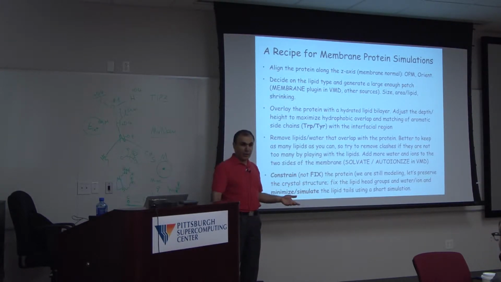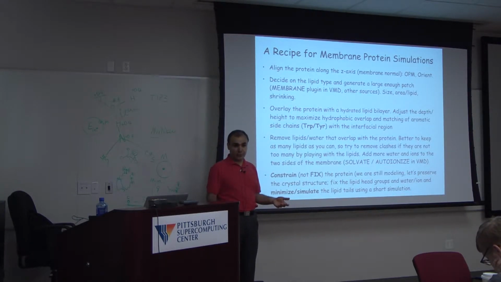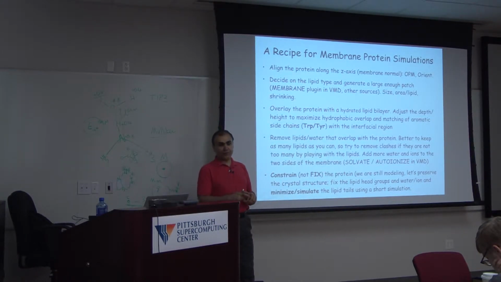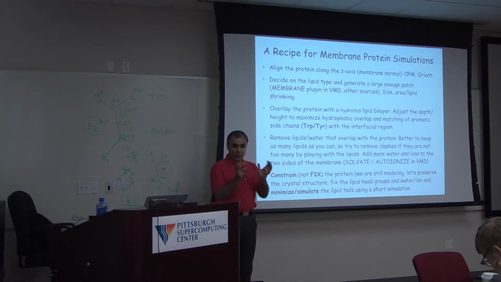You usually use the occupancy or the B factor column in your PDB file to flag the atoms that need to be fixed or constrained, and then use that PDB to tell NAMD what atoms are fixed or constrained. In the case of constraint, you also have to specify the harmonic force constant that you're using, how strongly you are going to constrain them.